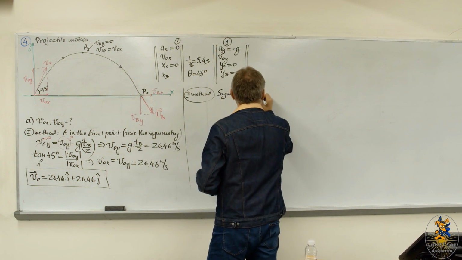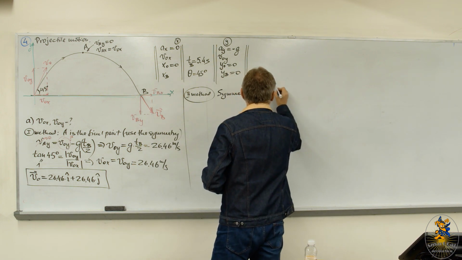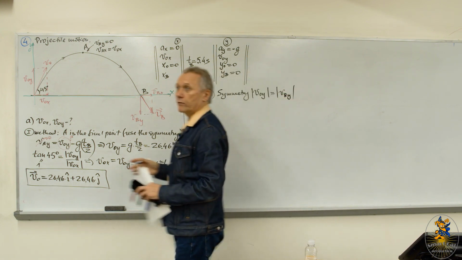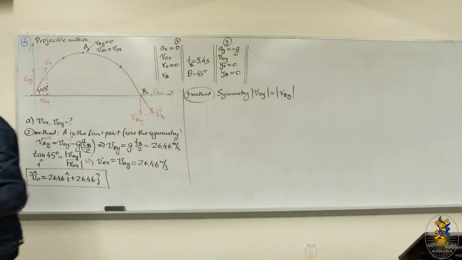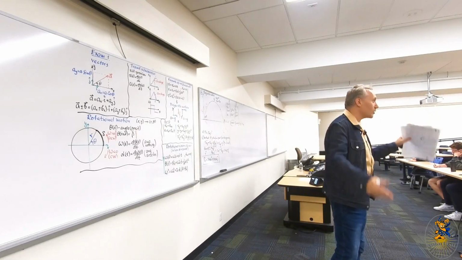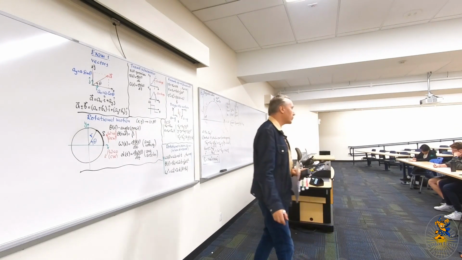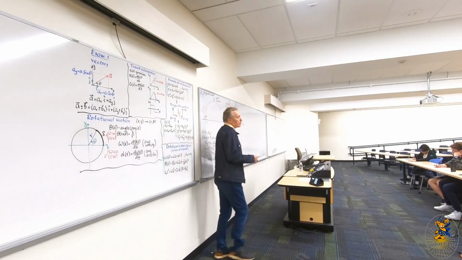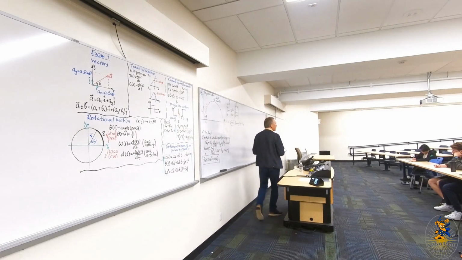I can write that the absolute value of v not y equals the absolute value of v by. Why absolute value? Because their directions are opposite. On the way up, it's up. On the way down, it's down. Directions are different, but absolute values must be the same. You can use this trick sometimes to simplify some analysis solutions, right?